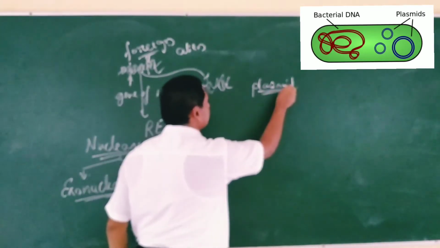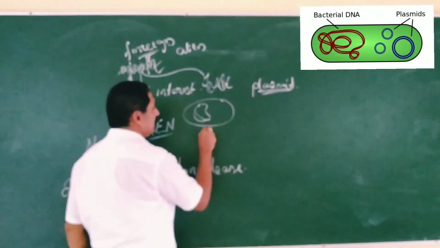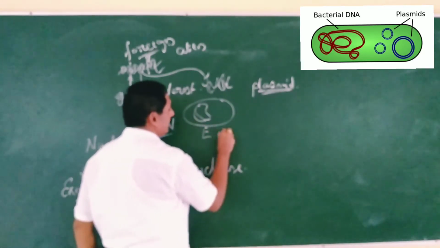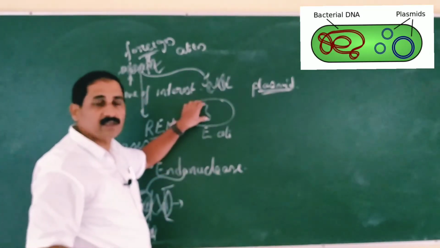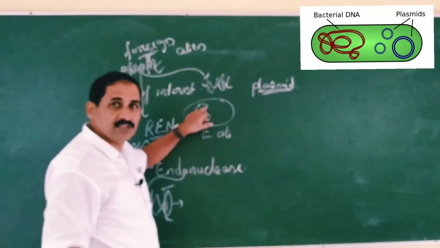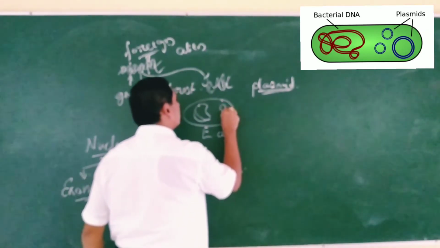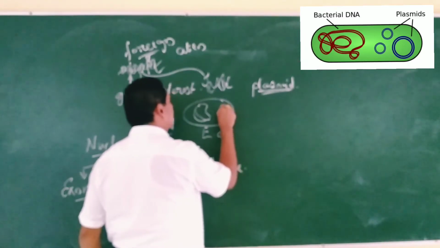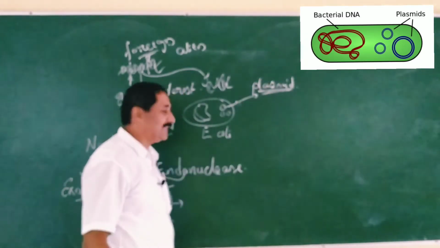Usually the plasmid is the most accepted vector in genetic engineering. In a bacterium, for example E. coli, along with its genomic DNA, it contains an extra chromosomal double-stranded DNA, that is the plasmid DNA.